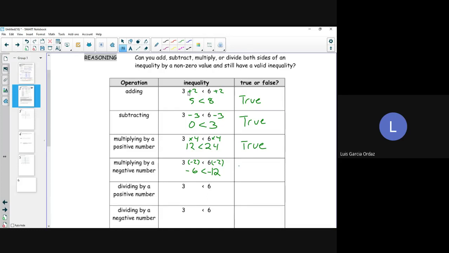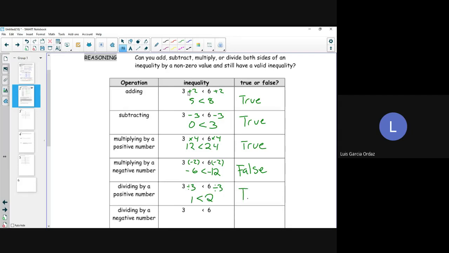No. So this one is false. Okay? If we want to divide by a positive number, give me a positive number to divide by. Something that divides both of these into whole numbers. Don't give me a fraction. So we're dividing by 3. So we get 1 is less than 2.